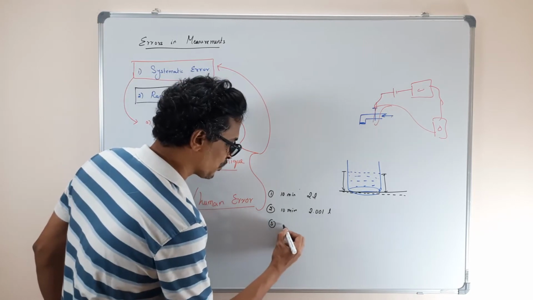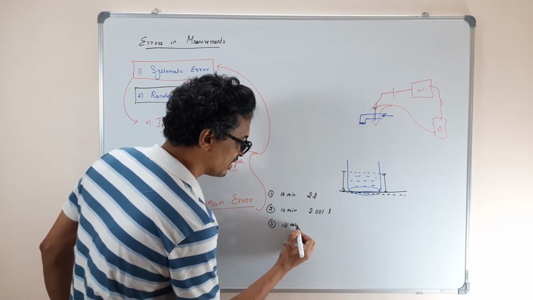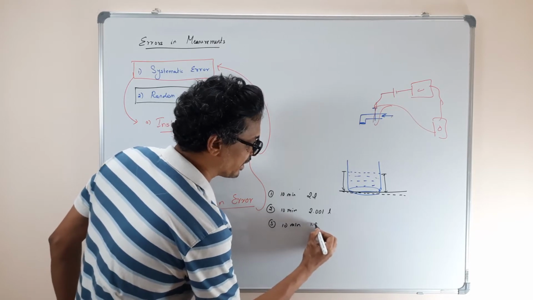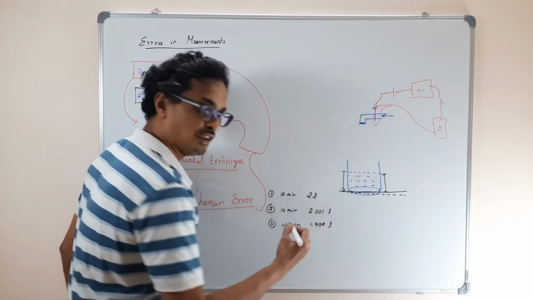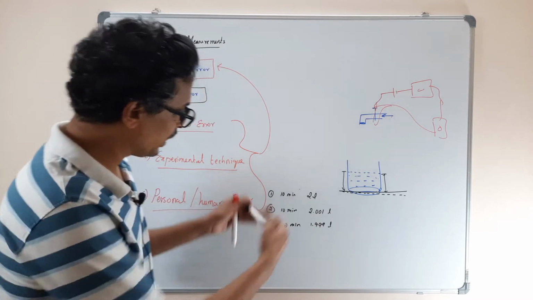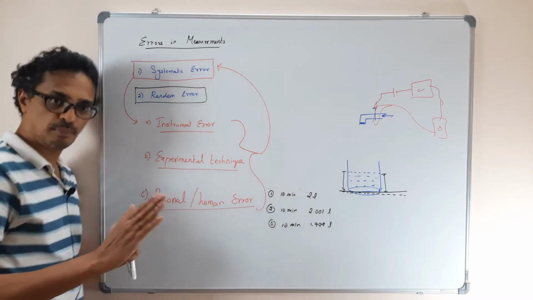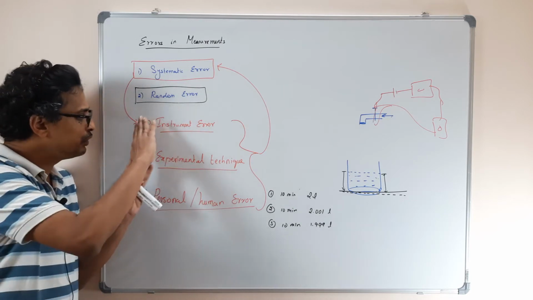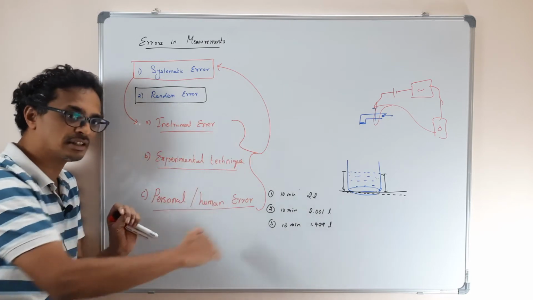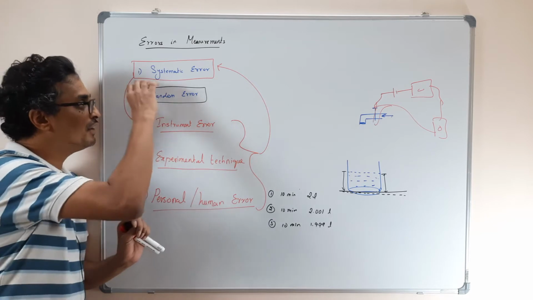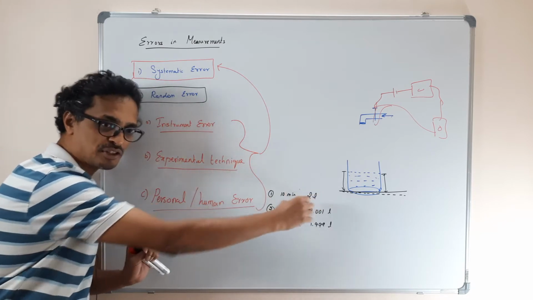Third time, 10 minutes, 1.999 liters. So if you keep doing these experiments again and again, you may not always get the same. However much you reduce the systematic error, there will always be some inaccuracy which comes out.